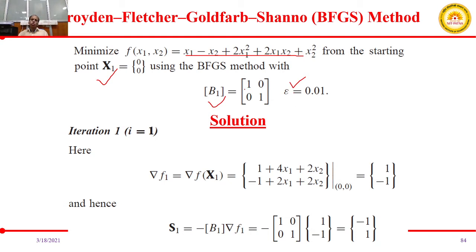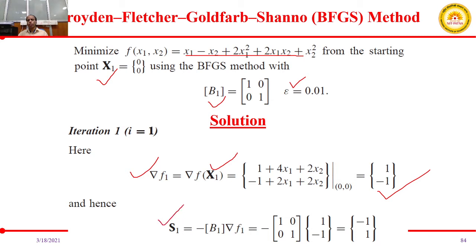Then we will start quickly, like our previous method. We calculate the gradient of the function at x1. This process is the same as in the DFP method; we did this calculation in the previous method also.